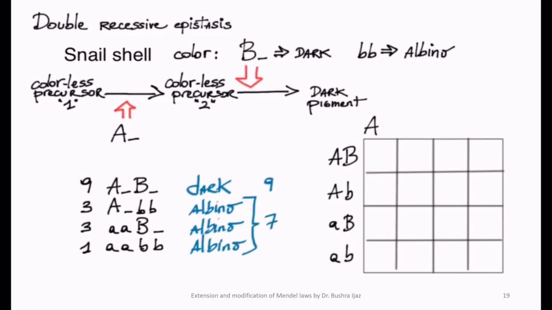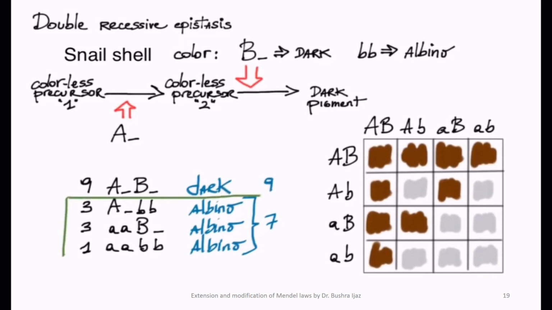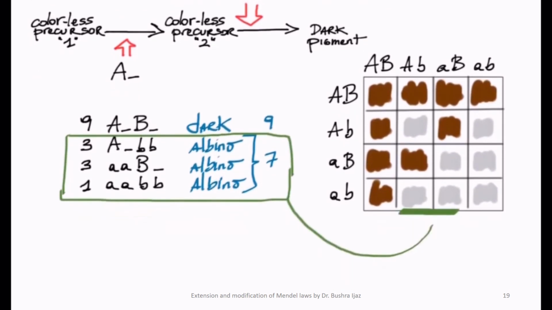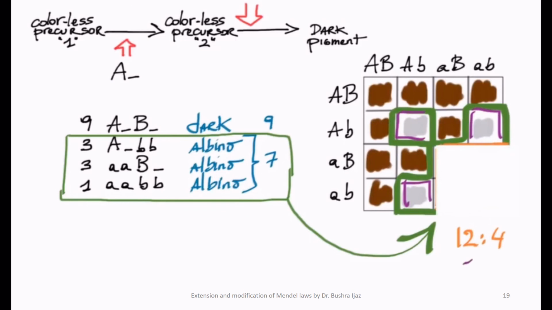Looking at this in the Punnett square, we mark as dark the squares where both big A and big B are present. The rest are albino. The albino F2s are laid out in an unusual pattern. This, however, makes sense. The 4 squares marked in orange represent the 4 out of 16. If we now exclude these, the remaining 3 albino squares are 3 out of 12.